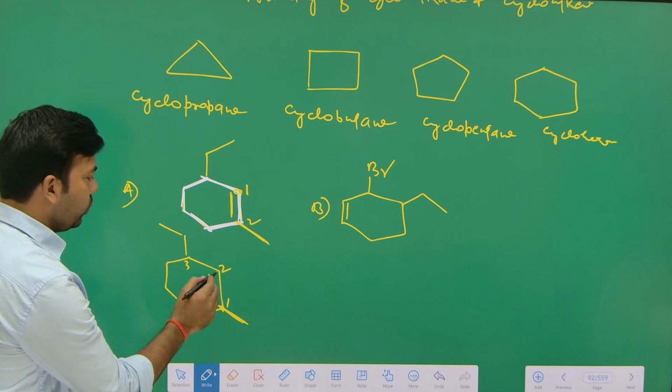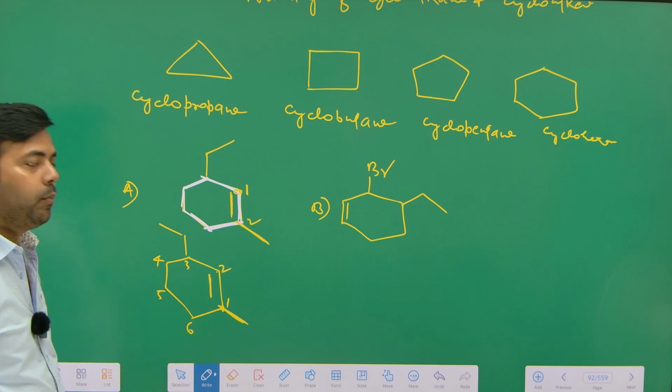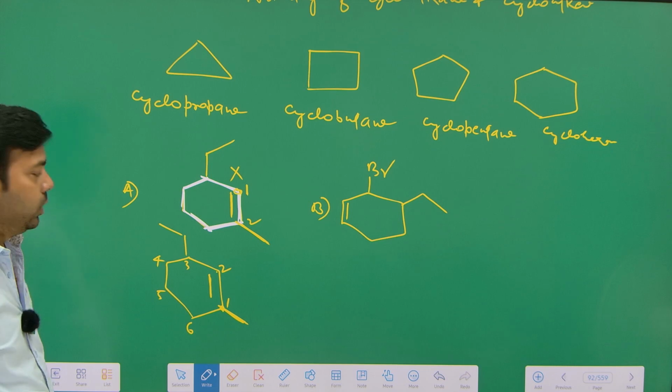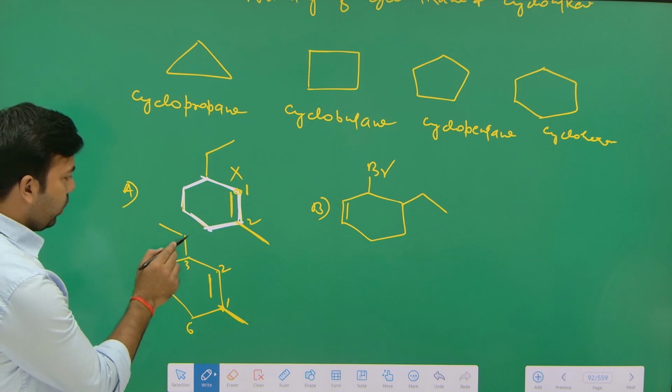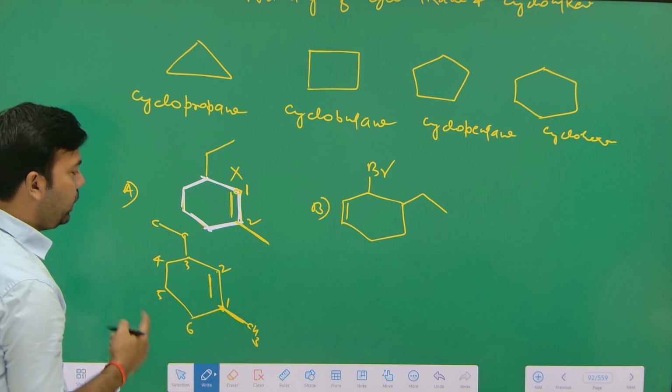So 1, 2, 3, 4, 5 and 6. We have to write the names of substituents in alphabetical order. This is ethyl, 2 carbon chain, and this is methyl. Alphabetically E comes first.